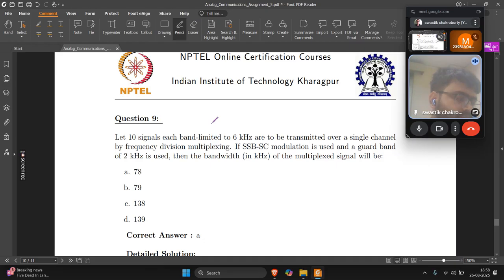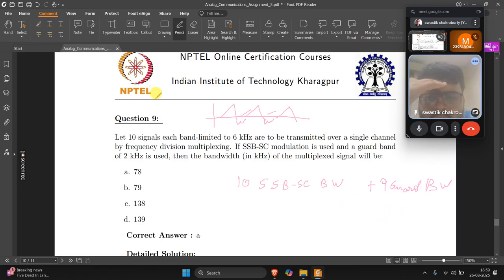Because if there are 10 single sidebands, like if you have 3 single sidebands, there are 2 guard bands, here and here. So 10 SSB-SC bandwidths plus 9 guard band bandwidths is the bandwidth of the total signal.